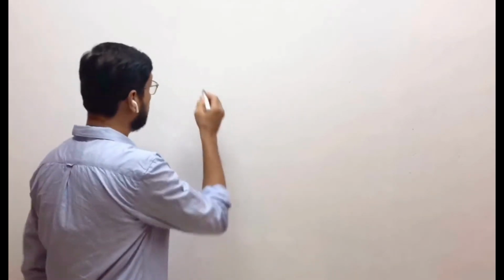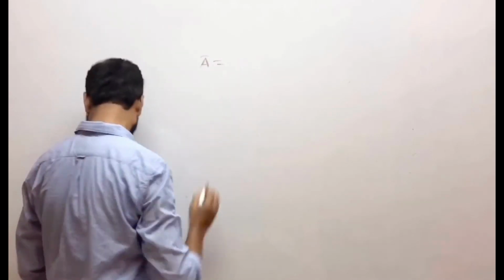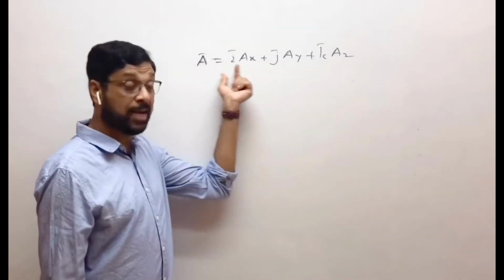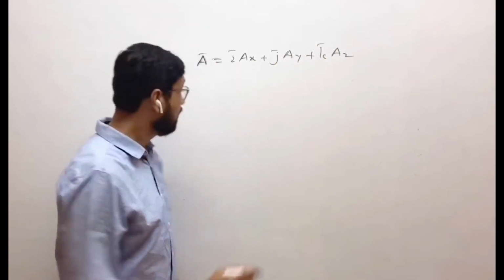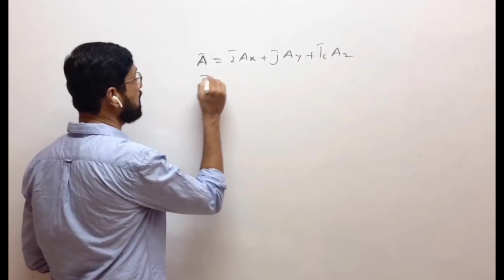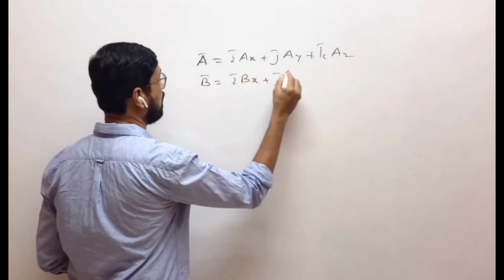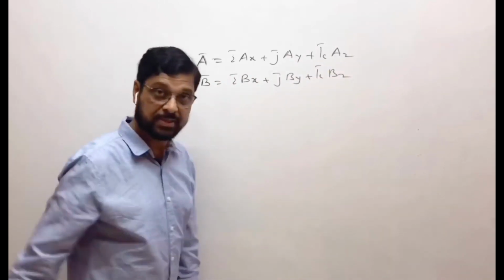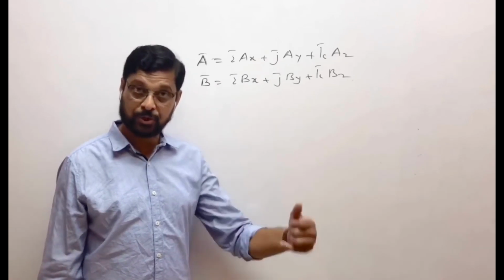In the resolution of vectors, we saw that any vector A can be written as resolution into three components. So any vector A can be written as iAx plus jAy plus kAz. Similarly, vector B can be written as iBx plus jBy plus kBz. That is what we studied in the previous lecture, resolution of vectors.